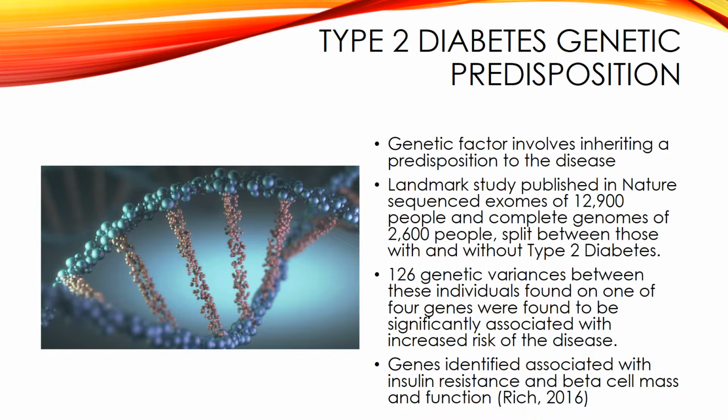Among these individuals, 126 genetic variances were found on one of 4 genes that were significantly associated with an increased risk of type 2 diabetes. The genes identified were associated with insulin resistance and beta cell mass and function.